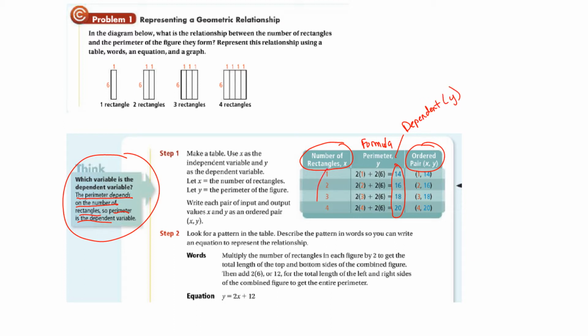And these are my independent, which are my x's. If you just go through and read, you can read through it yourself. It goes through making the table, inputting the number of rectangles into the formula, and then getting the y, and then getting the corresponding ordered pairs. So I get (1, 14), (2, 16), (3, 18), and (4, 20).